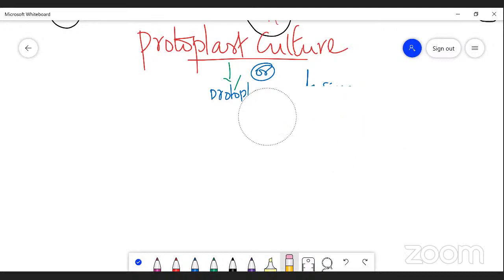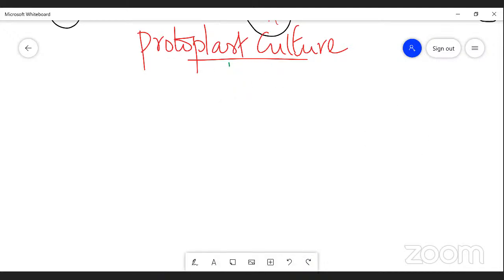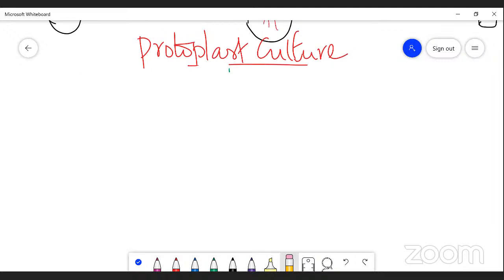Dear students, please don't get confused with organ culture, meristematic culture, or cell suspension culture. The protoplast culture consists of the following steps. The first step is isolation.